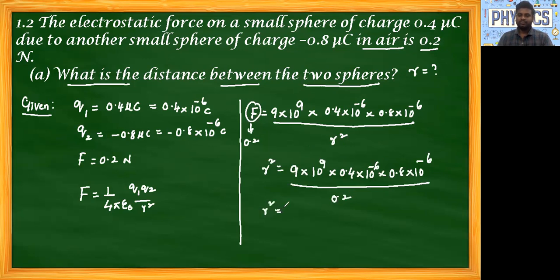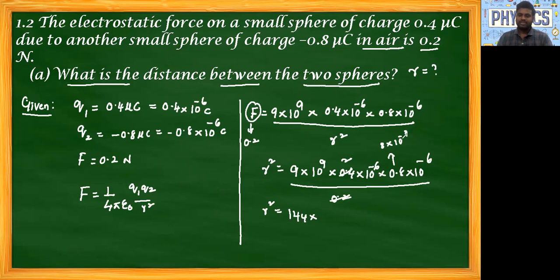Then R square is equal to 0.1 and 2, then 8, 2. This we can write as 8 into 10 to the power of minus 1. That is nothing but 8 into 16, 16 nines are 144, into 10 to the power of 9 plus 2, 10 to the power of 11, and here minus 1.